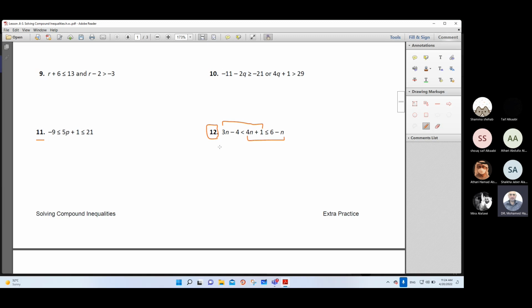So we can write the first part: 3n minus 4 less than 4n plus 1, and the second part: 4n plus 1 less than or equal to 6 minus n.